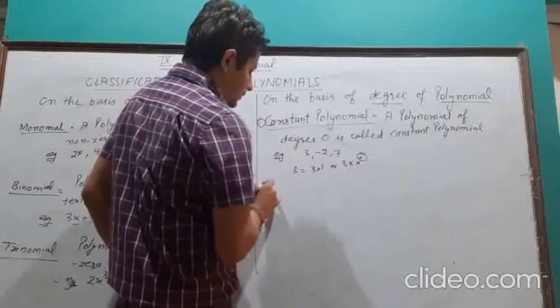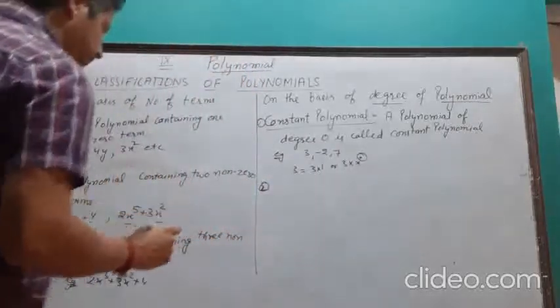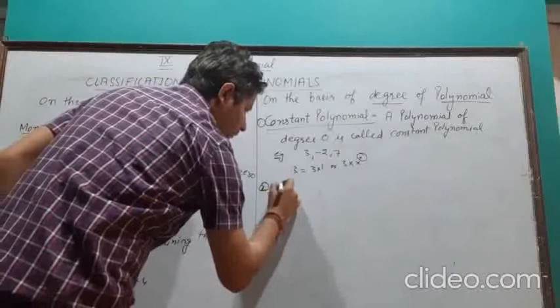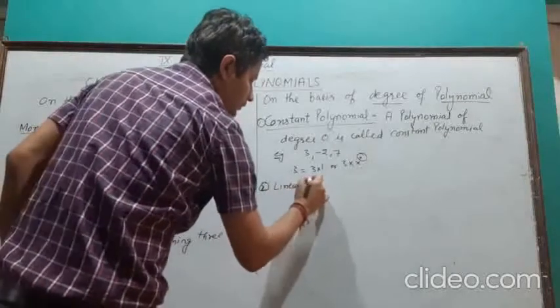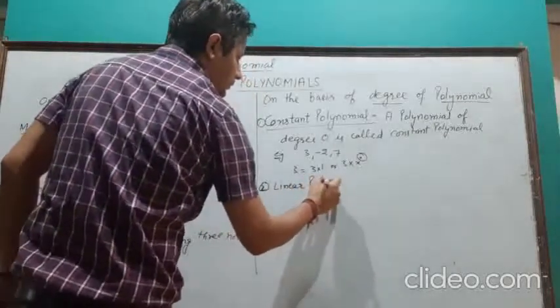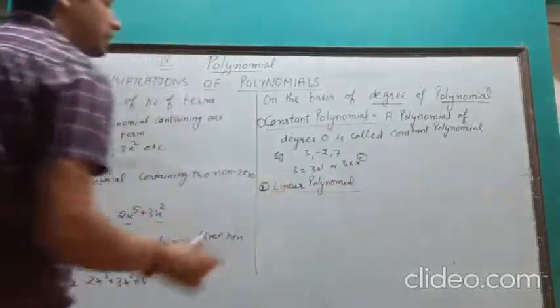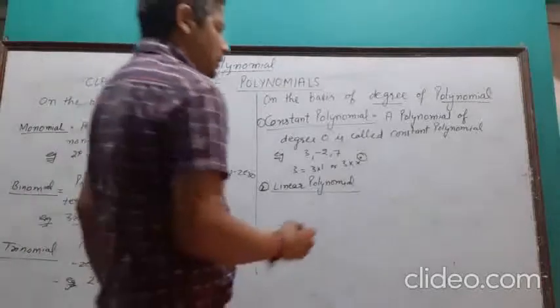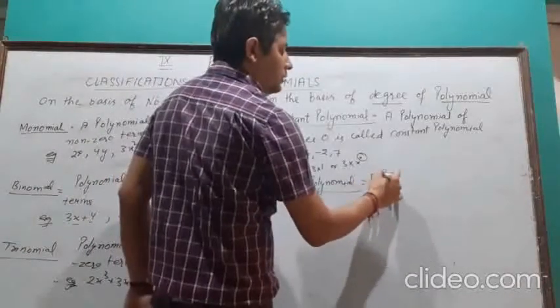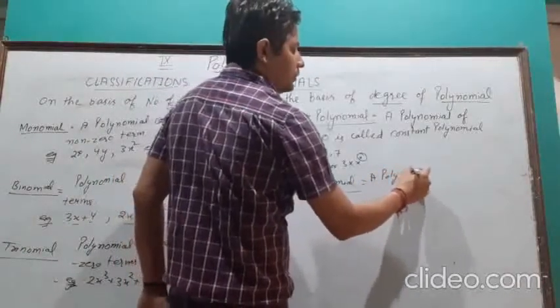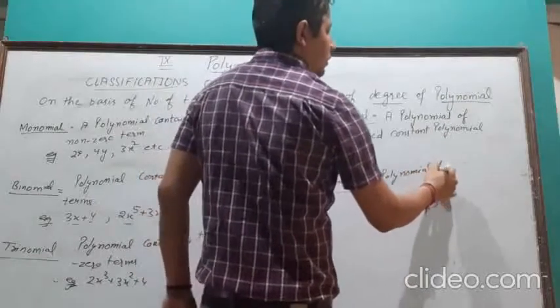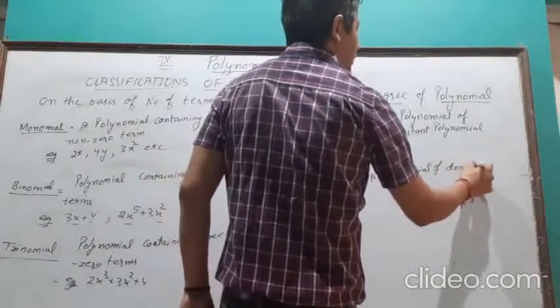Next is linear polynomial. This linear polynomial is a polynomial of degree 1.